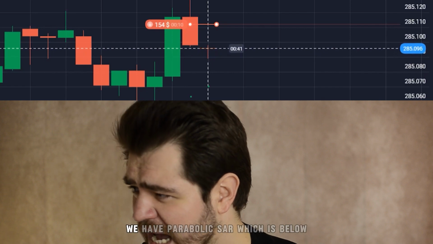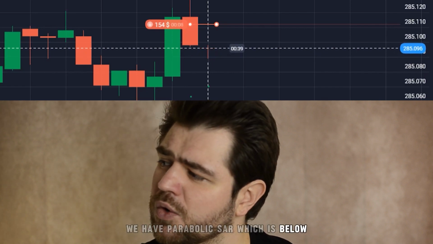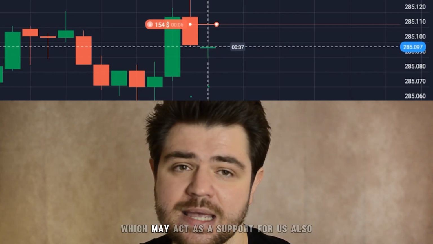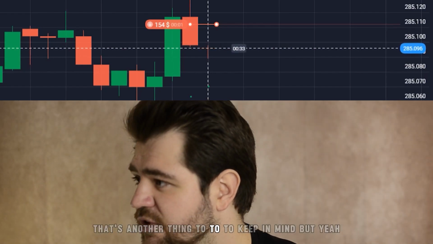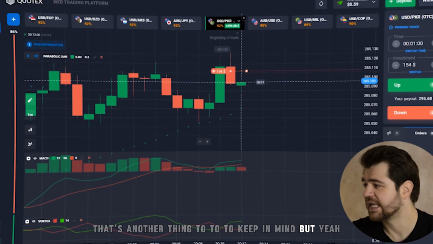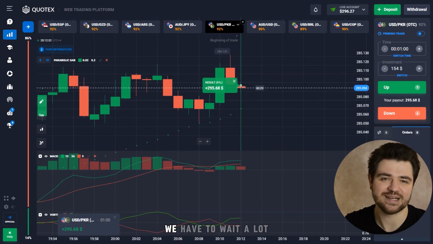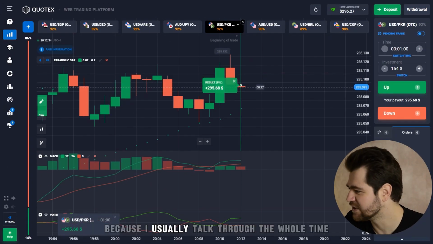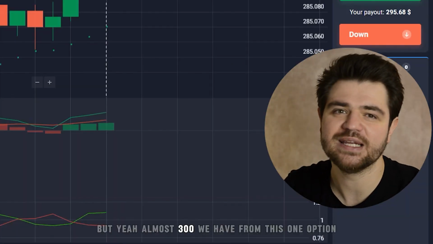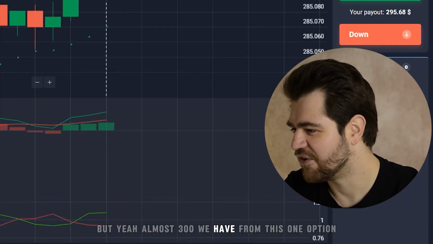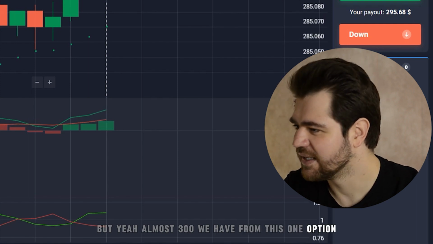Of course, we have Parabolic SAR, which is below, which may act as a support for us also. That's another thing to keep in mind. But yeah, let's wait. And here it is. We didn't have to wait a lot because I usually talk through the whole time. But yeah, almost 300 we have from this one option.